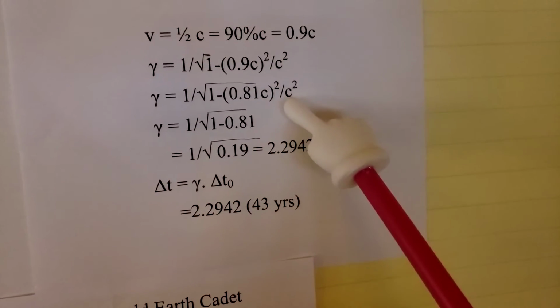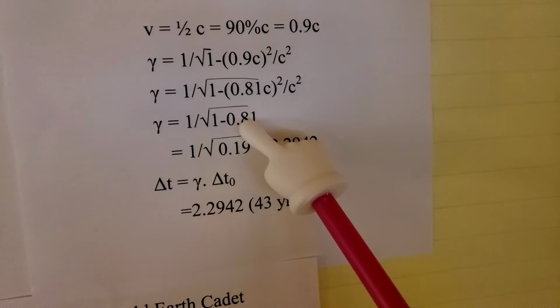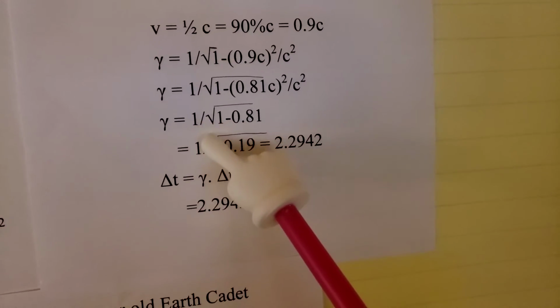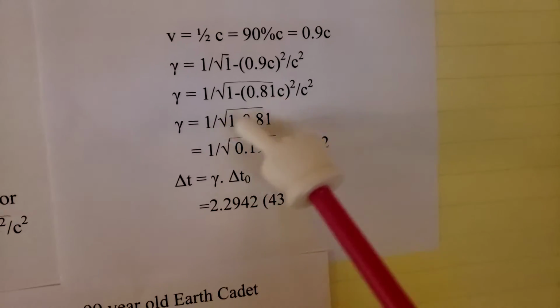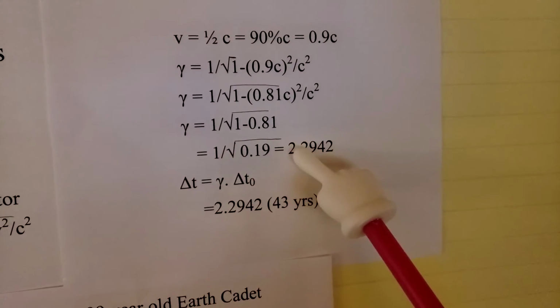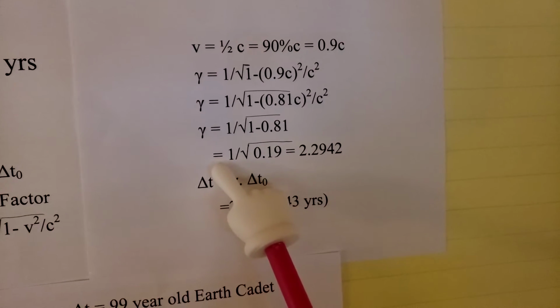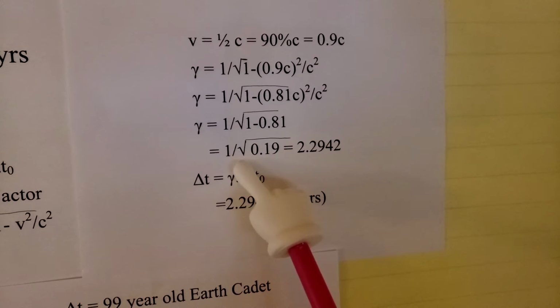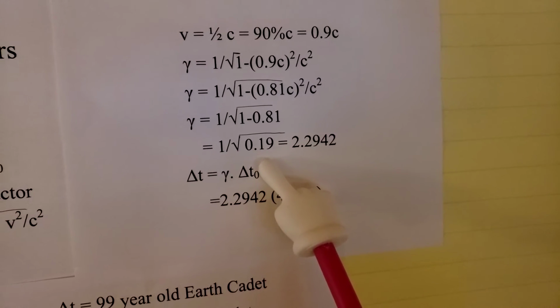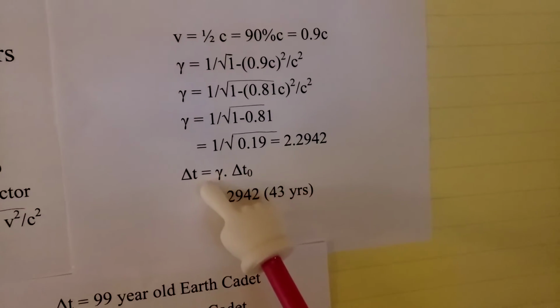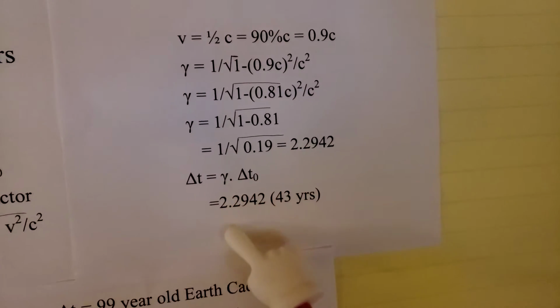We're going to cancel out the c squareds, and what's going to leave us is the gamma factor equals 1 divided by the square root of 1 minus 0.81. So then as we keep going down, 1 divided by the square root of 0.19 equals 2.2942.